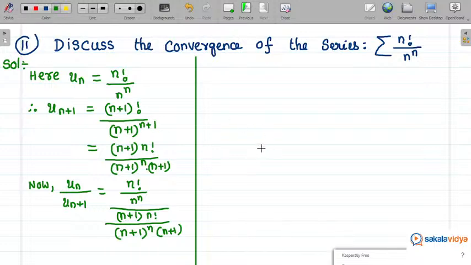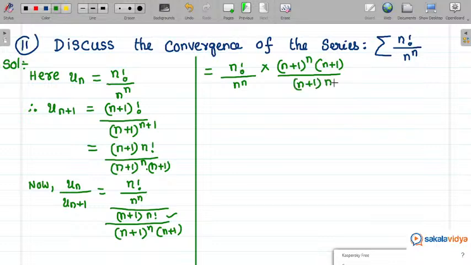So next, what shall we do now? Let us simplify it. This is equal to n factorial by n to the power of n multiplied with the reciprocal of this value, so n plus 1 whole to the power of n into n plus 1 divided by n plus 1 into n factorial. See, n factorial got cancelled. n plus 1 got cancelled.